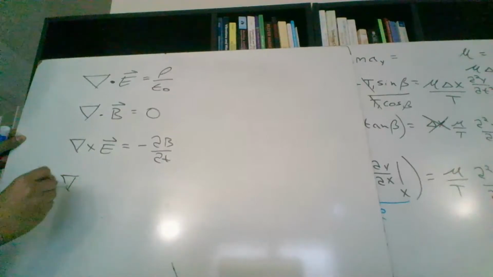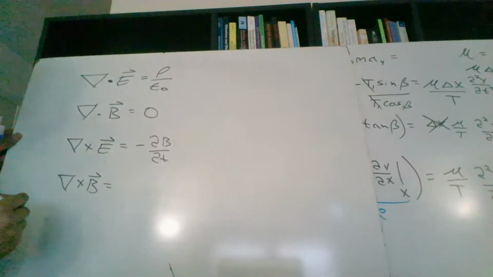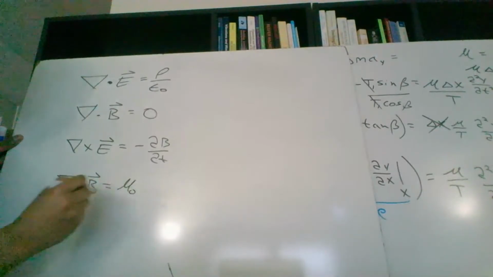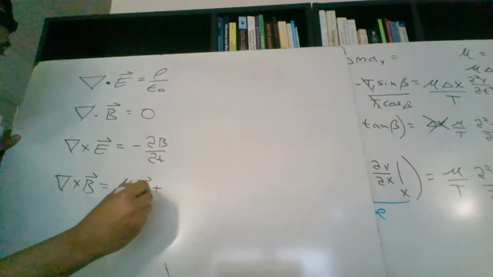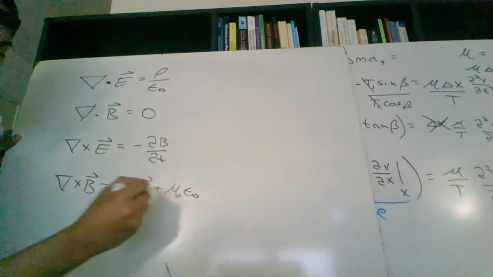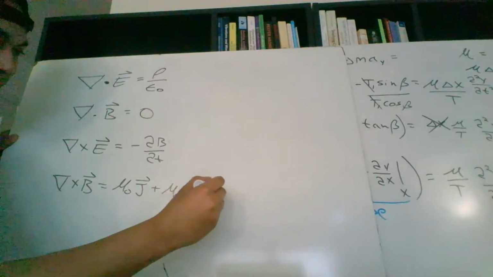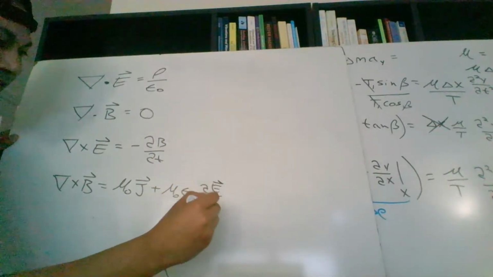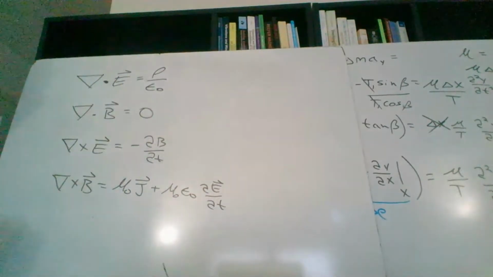And then we have the cross of the magnetic field, and that's equal to mu naught J plus mu naught epsilon naught times the change in the electric field over the change in time. So these are equations that I've written down for you before.